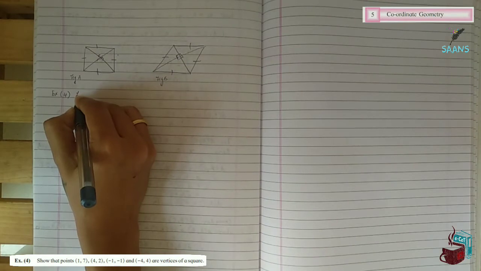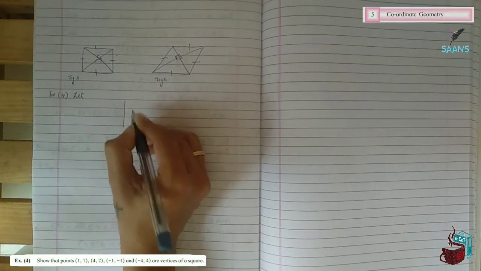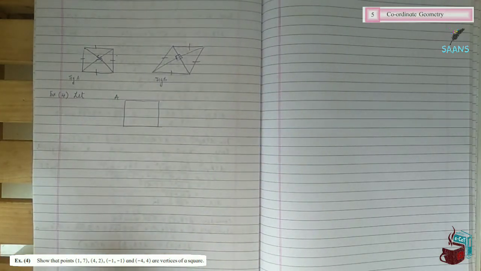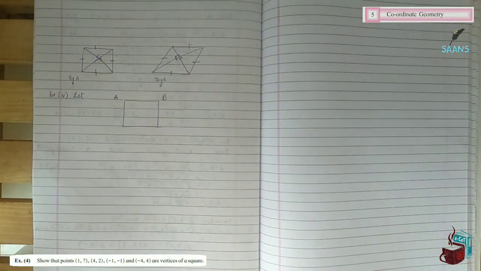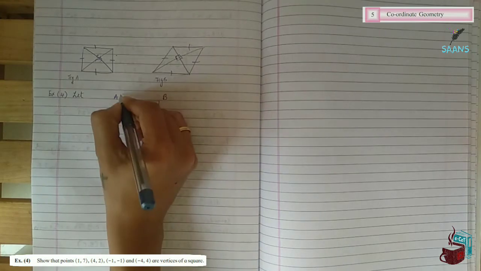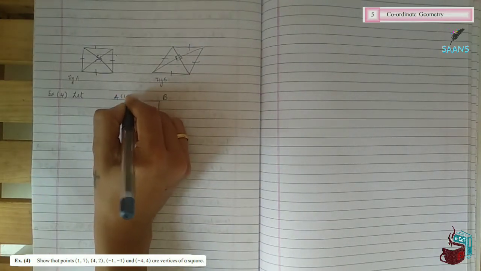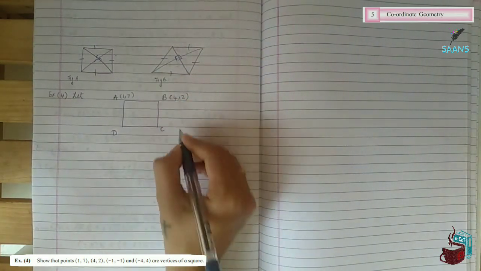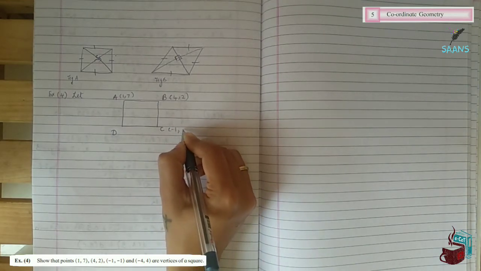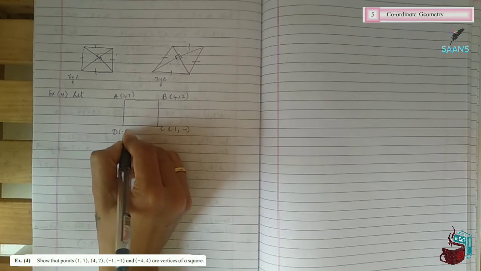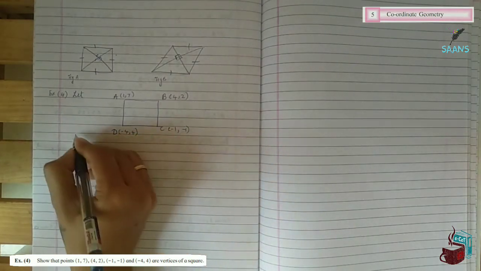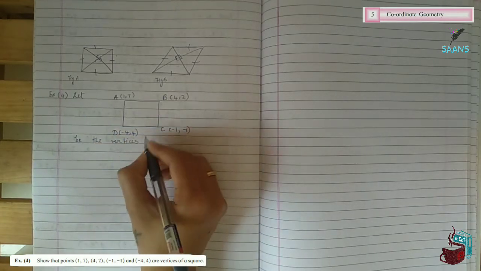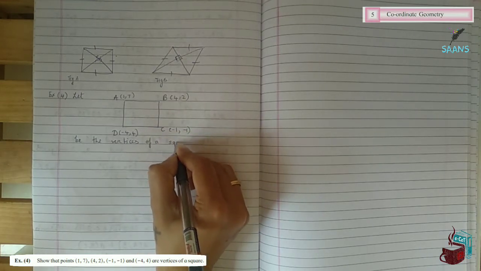So, let A, B, C and D. Let A be (1, 7), B (4, 2), C (-1, -1) and D (-4, 4) be the vertices of a square.